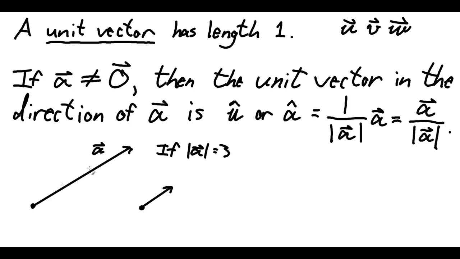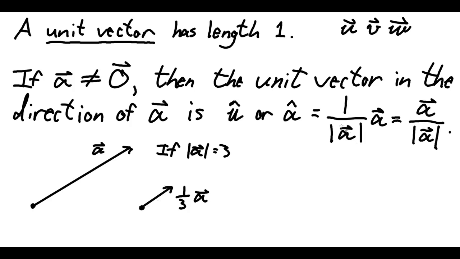Could be a unit vector in the same direction as A. Same direction as A. I tried to draw that approximately parallel, and about 1/3 the length. That would be 1/3 A, right? From the way scalar multiplication works. Here's a vector A, here's 1/3 of A. So if A was 3 units long, 1/3 A is 1/3 as long. This is only 1 unit long then. So this would be a unit vector.